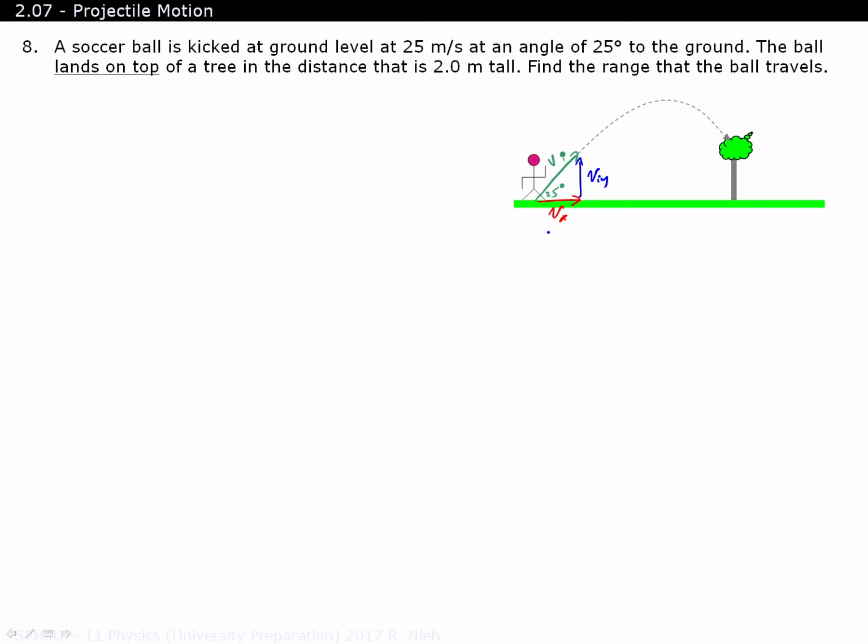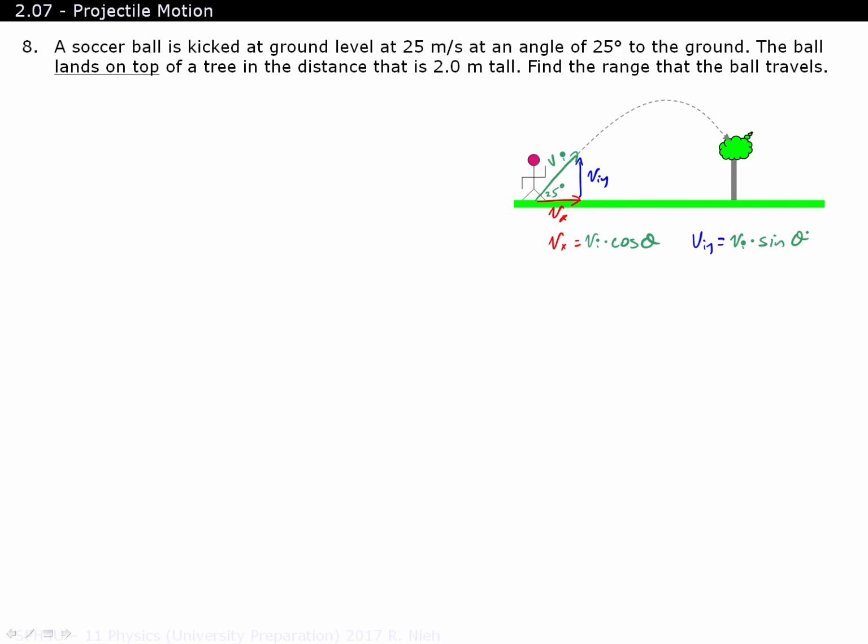That will end up creating just some generic equations, such as Vx is equal to our Vi as our hypotenuse multiplied by the cosine of theta, and our Viy is equal to our Vi times the sine of theta.